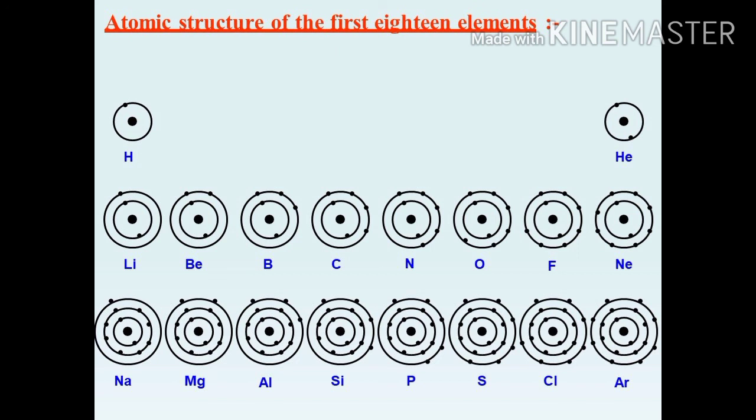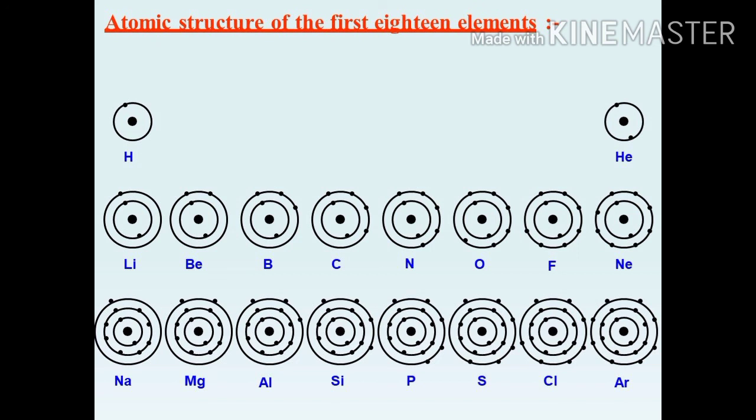Phosphorus. First orbit 2, second orbit 8, third orbit 5. Sulfur. First orbit 2, second orbit 8, third orbit 6. Chlorine. First orbit 2, second orbit 8, third orbit 7.